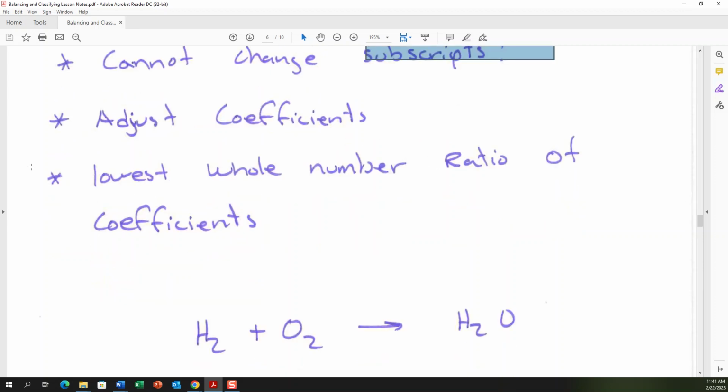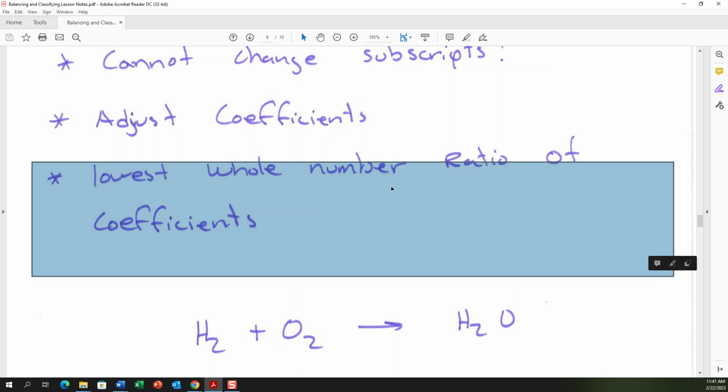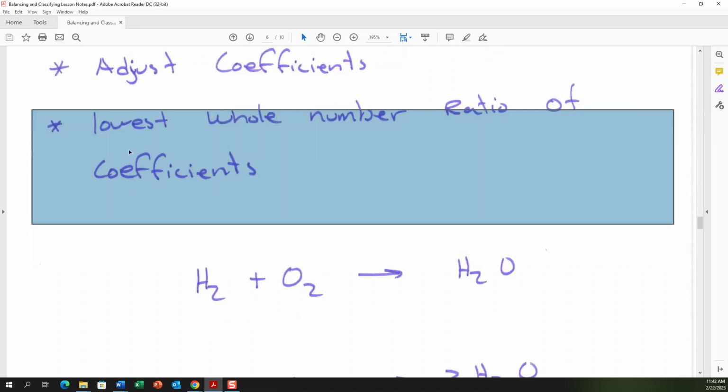And then the final thing is you always need the lowest whole number ratio of coefficients for your balance. Sometimes, all the coefficients being 1 is balanced. 1 is kind of understood, but be careful in a Schoology assessment: if you have to type in the coefficients and there's a blank in front of it, you're going to have to type in 1 if the coefficient is 1. But for the most part, if you're just handwriting a reaction, a coefficient of 1 is understood, okay?